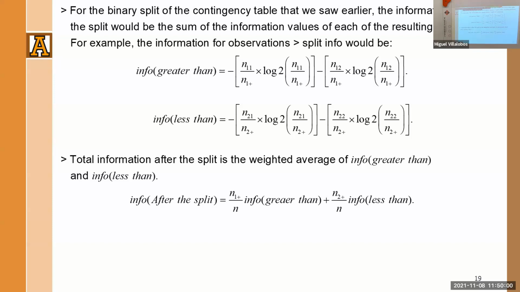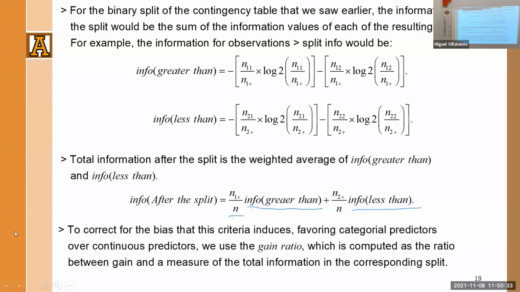I'm weighting by the number of data points that fall in the greater than split after the split: n1 plus divided by n times the information greater than, plus n2 plus divided by n, which is the weight, times the information for the less than split. Okay, the same logic that is used to compute the gain when we are using Gini's index.